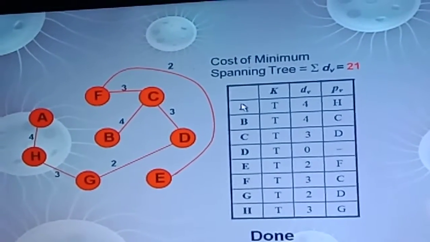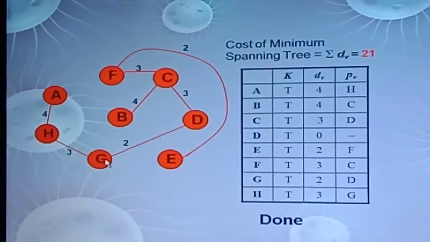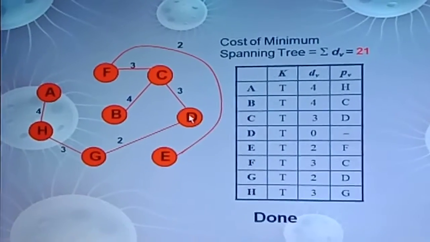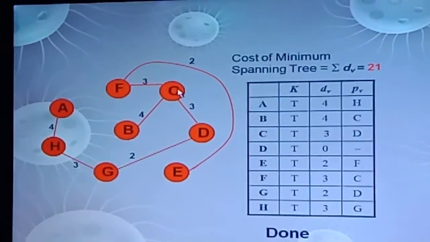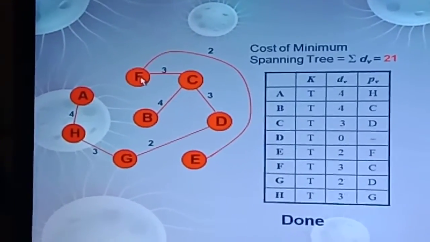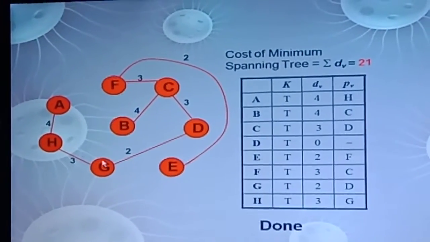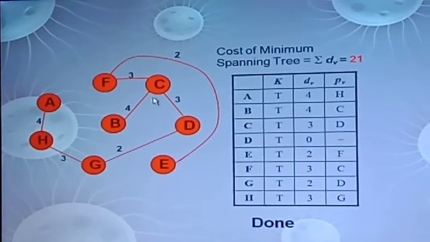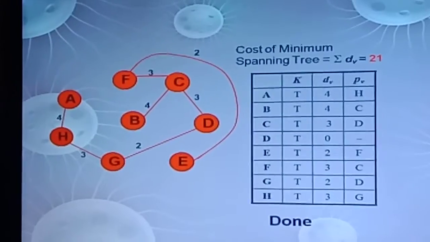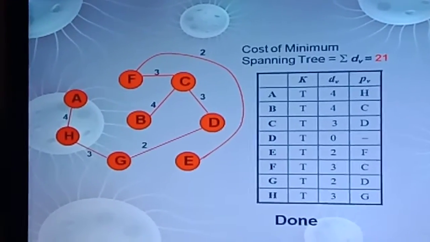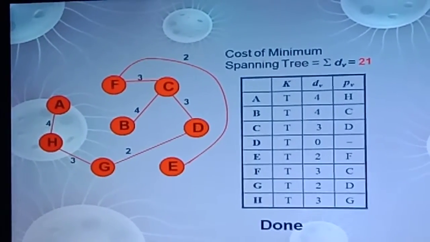So in this manner you can construct the minimum cost spanning tree, that is from D to G and next D to C, and next C to F, F to E, next G to H, H to A, and from C to B with less cost 4. So this is the minimum cost spanning tree we have constructed with n minus 1 edges, that are nothing but number of vertices are 8, number of edges are 7.